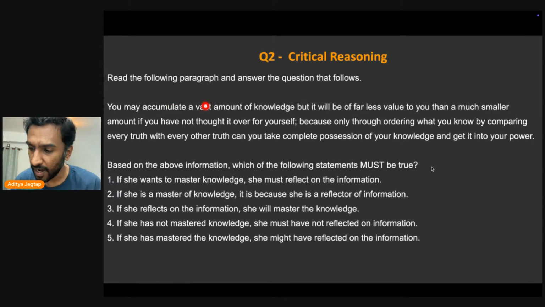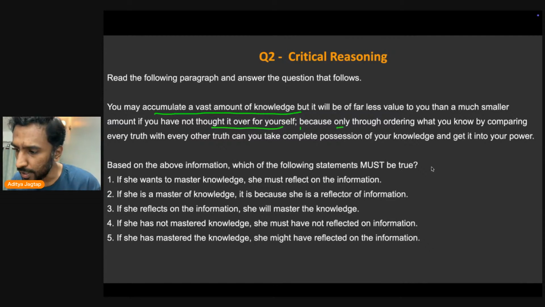You may accumulate a vast amount of knowledge, but it'll be of far less value to you than a much smaller amount if you have not thought it over for yourself. So the author is saying this accumulation of a vast amount of knowledge is not really valuable unless you have thought over it yourself. Now, this is why, because only through ordering what you know.